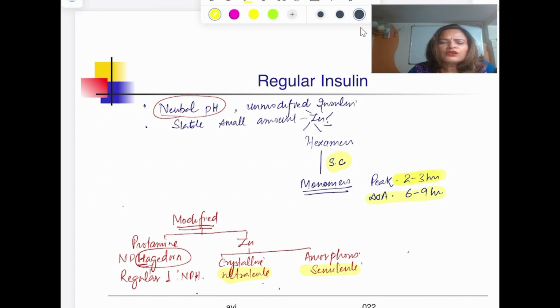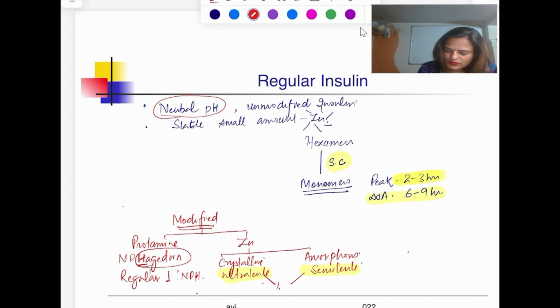These two are not marketed individually; the combination of them is marketed, called the lente preparation. It is 70 and 30. So this combination is used.